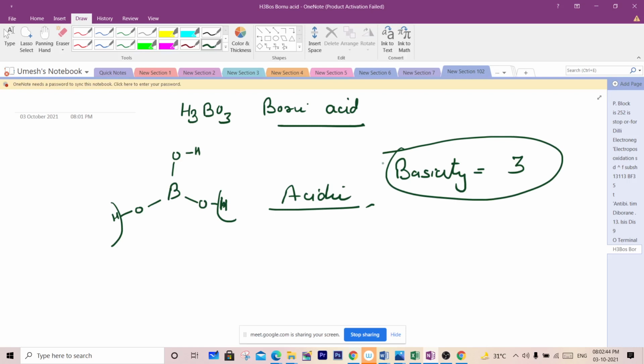But why are you writing that in the base place? Aren't you supposed to write that in the acid section, because acid is H plus and base is OH minus? I say that this is boric acid. It can give H positive ions, but how many is it able to give? 3. So basicity should be equal to 3, right? Yeah, because OH minus is also 3.